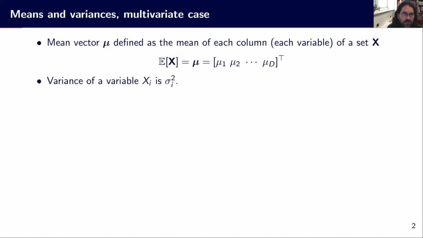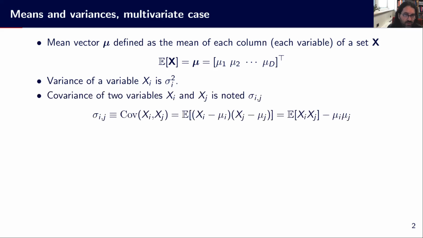And we can also get the variance of a variable xi, which is noted sigma i squared. This sigma i squared is basically the usual variance we are using in statistics. And we have also the covariance of two variables. Now, being in multiple dimensions, we can compute the covariance, that is how one variable varies according to another one. We note as sigma ij the covariance of variable xi and xj.